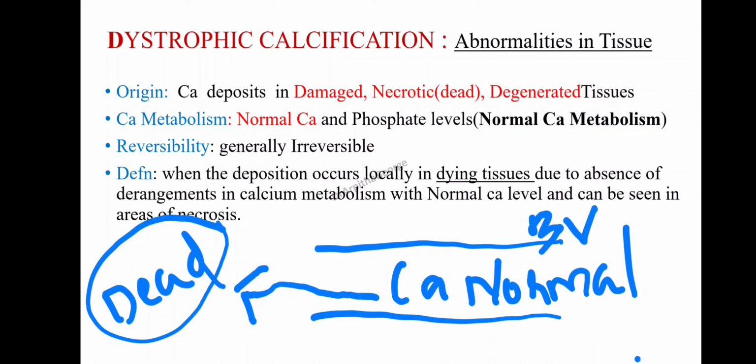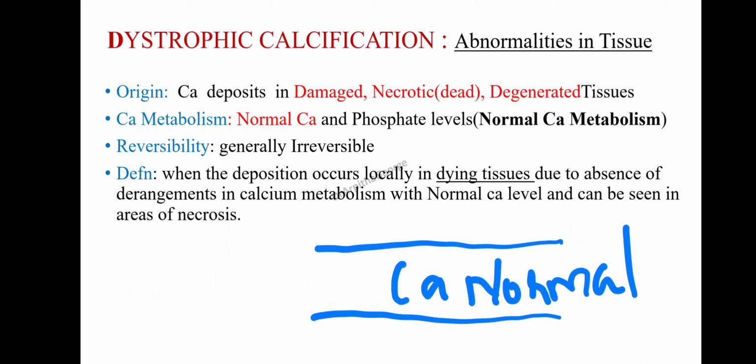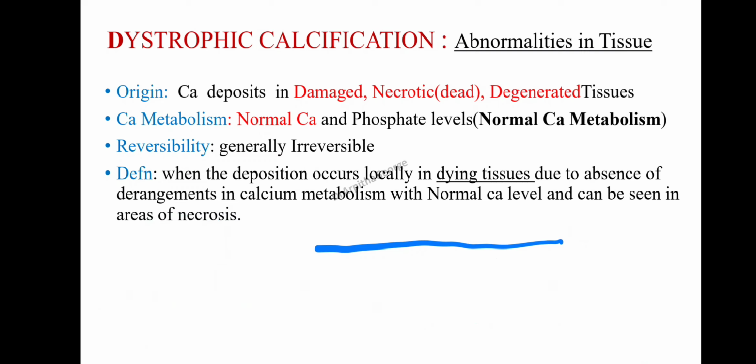From the blood vessel, the calcium metabolism is completely normal. There is no hypocalcemia or hypercalcemia in the blood serum, but the calcium will go and deposit on the dead tissues. So here is the definition: when the deposition occurs locally in dying tissue, see, dying tissues are underlined, in dead or dying tissue, in the absence of derangement in calcium metabolism, with a normal calcium level.